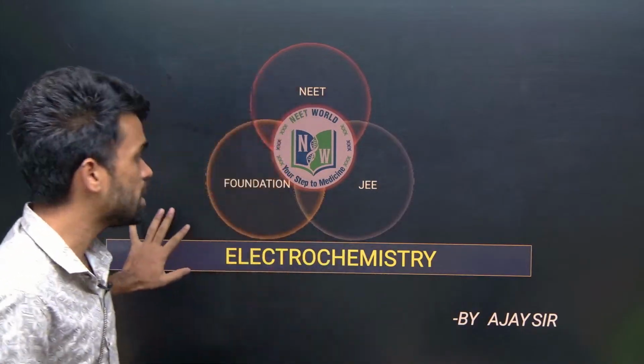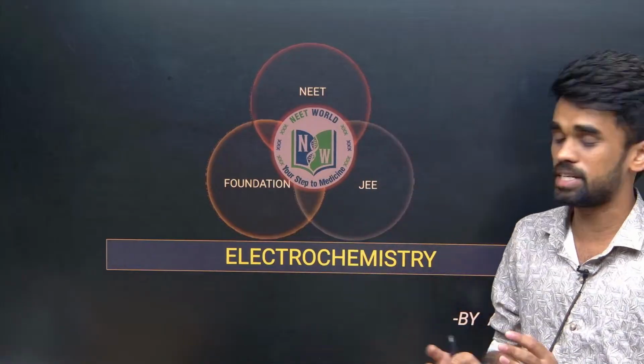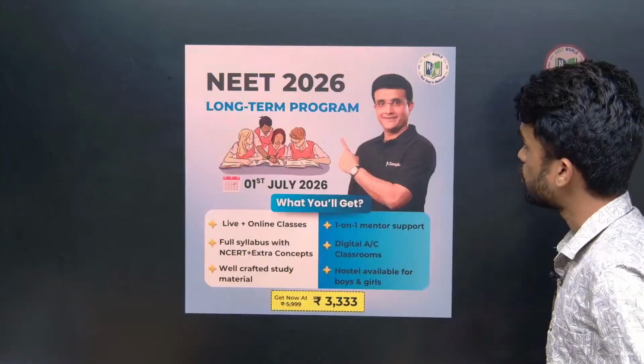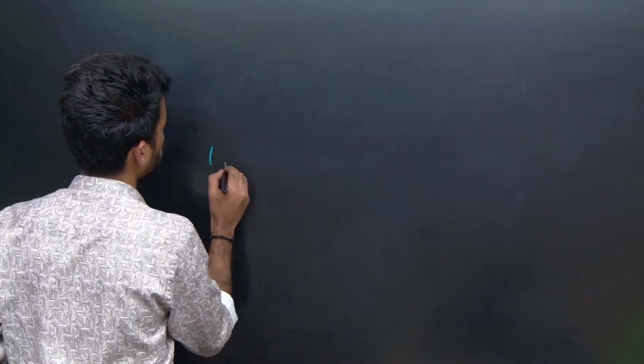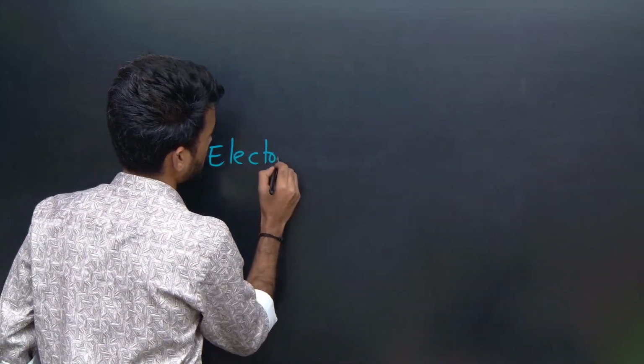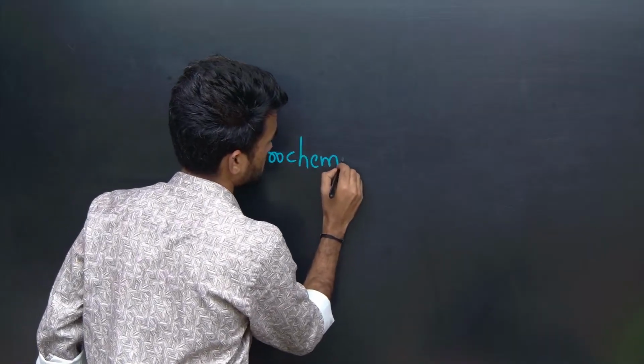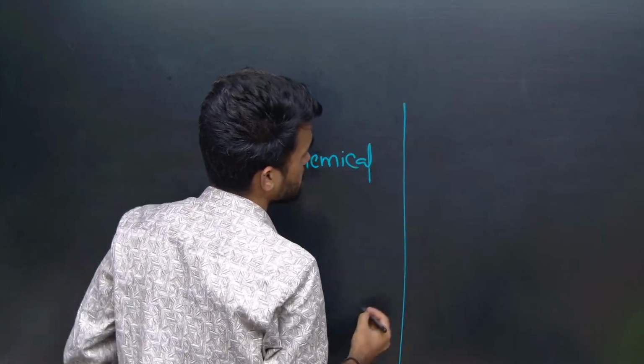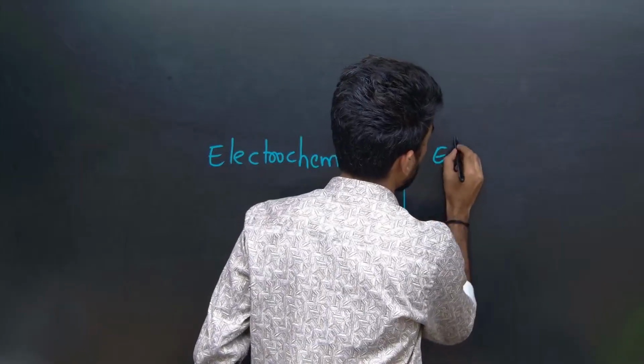Today we will be discussing electrolysis, which is a part of electrochemistry. In the last session we discussed electrochemical cells. Now we will be discussing electrolytic cells.